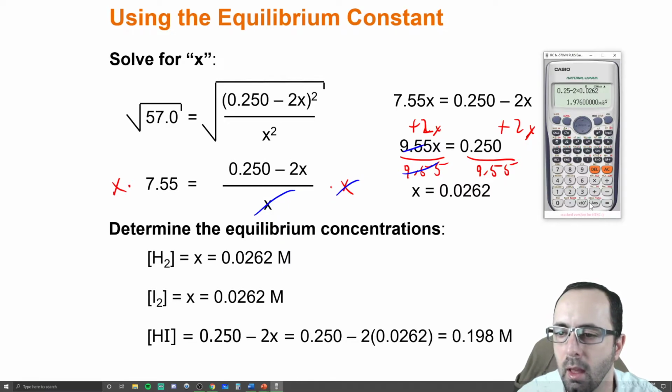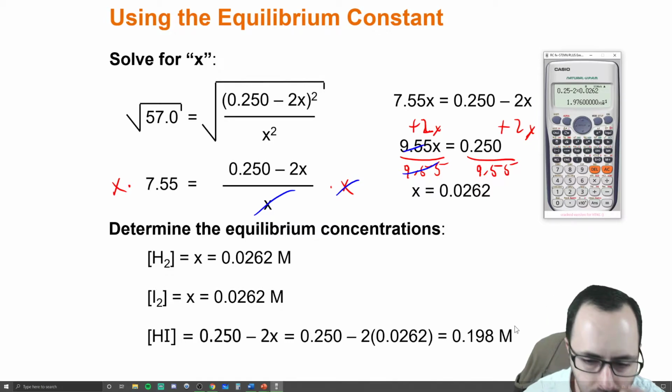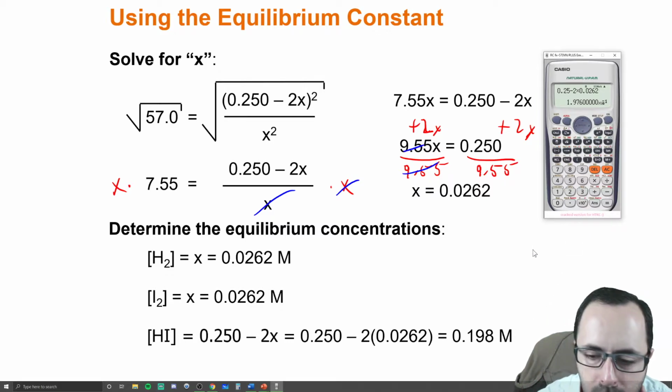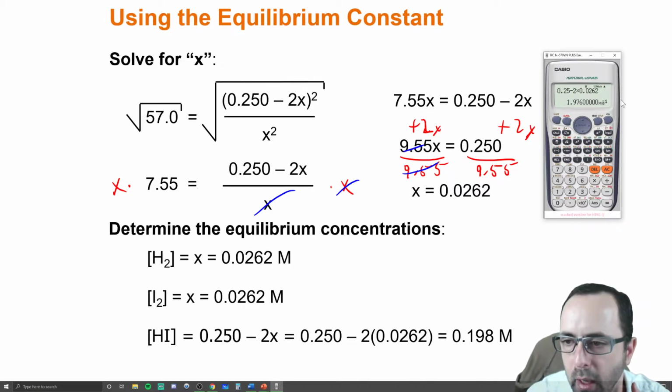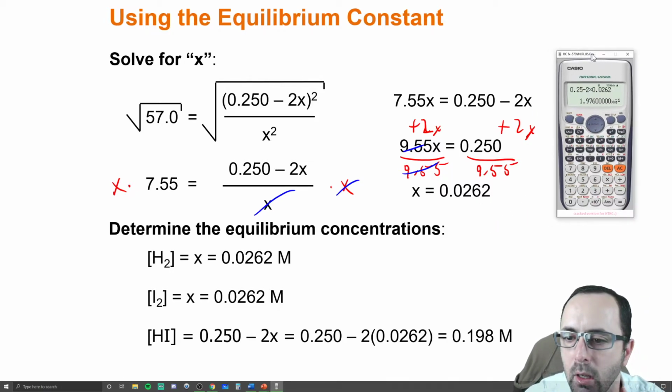And so we get 0.198 molar. And so that's our result. My calculator's in scientific notation, but we just move the decimal one over. And so that's how you handle that kind of problem.